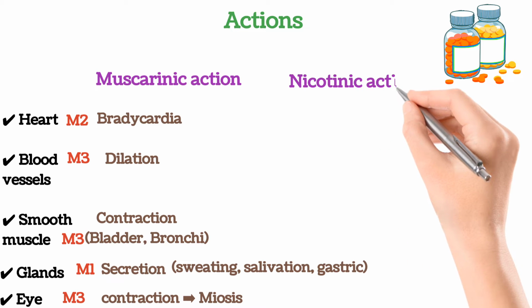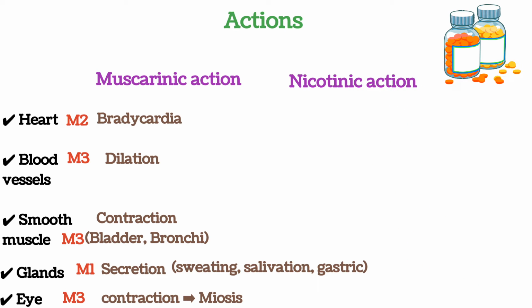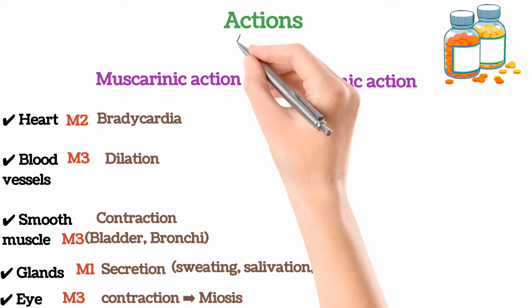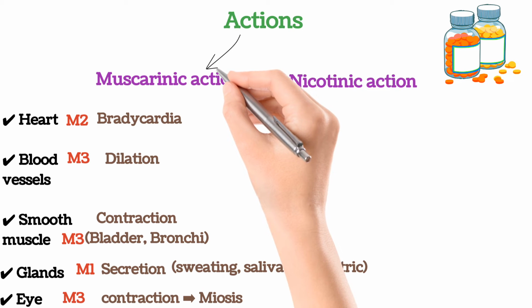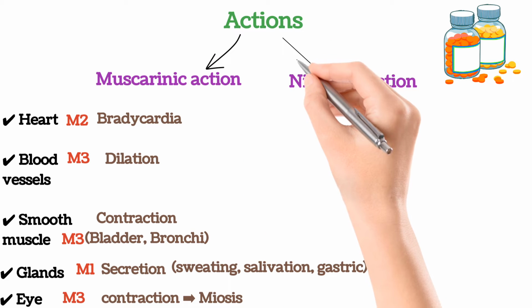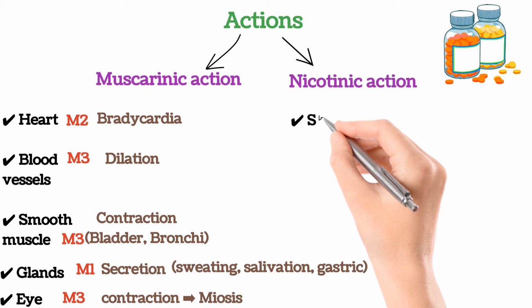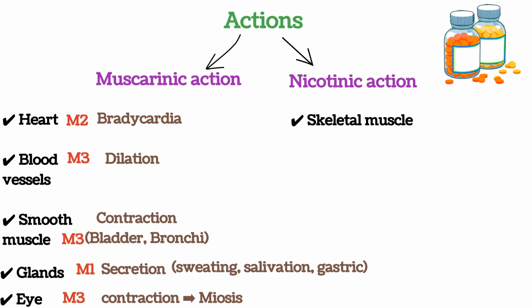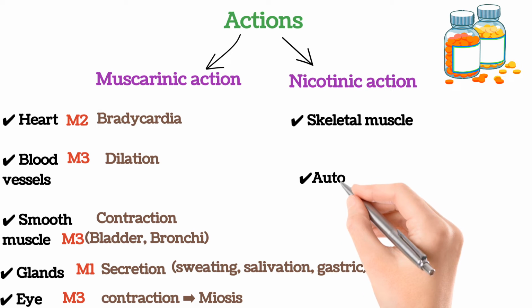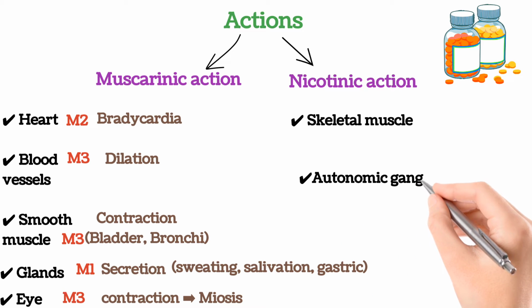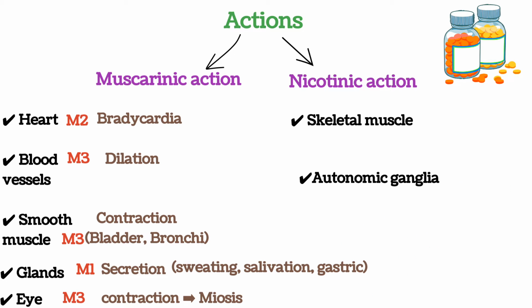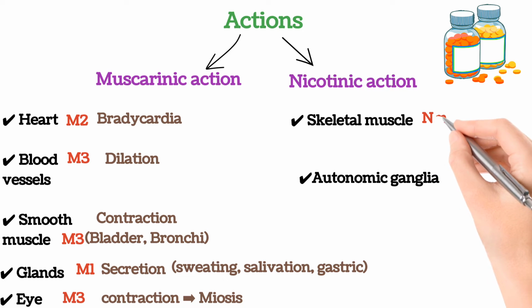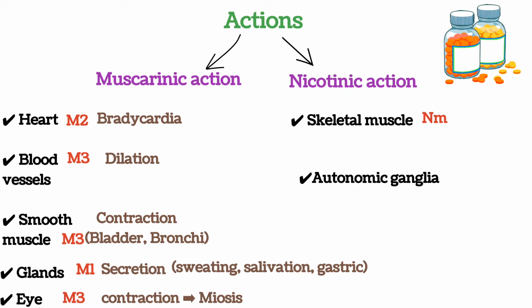Now let us go through the nicotinic action, where NM and NN receptors are involved. Through the NM receptor, we know that skeletal muscle comes into play, and in the NN receptor, the neuron comes, that is the autonomic ganglia. So in skeletal muscle, the parasympathomimetic action will be contraction of skeletal muscle.